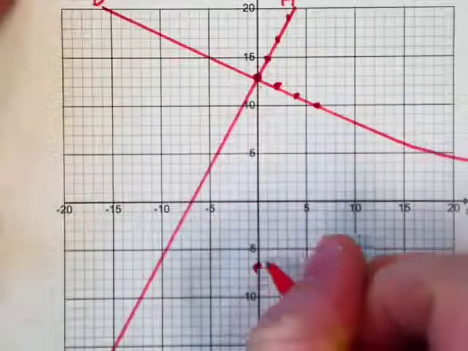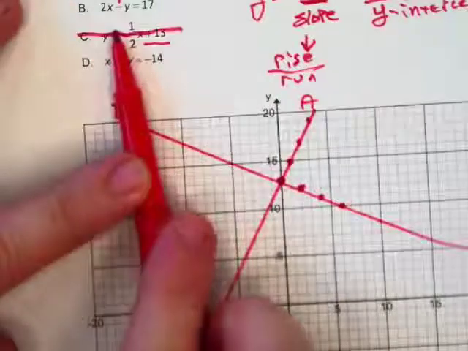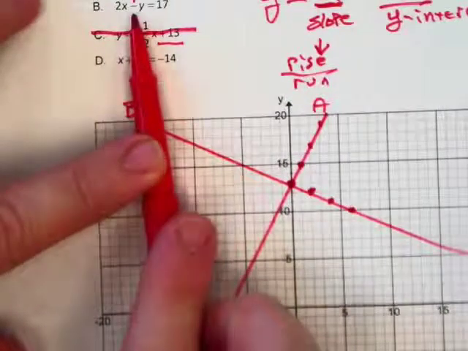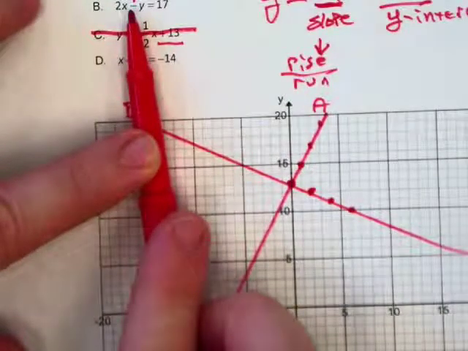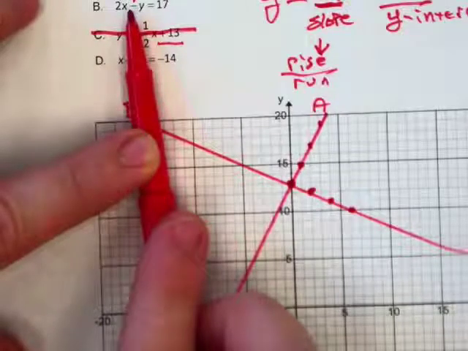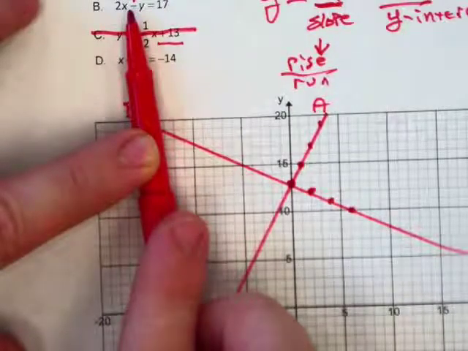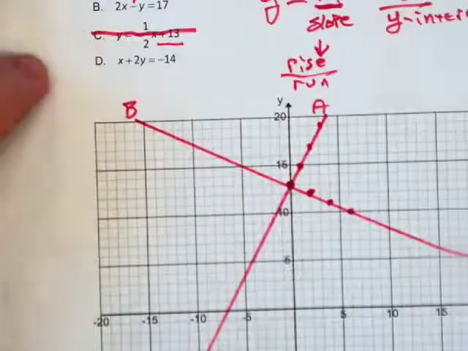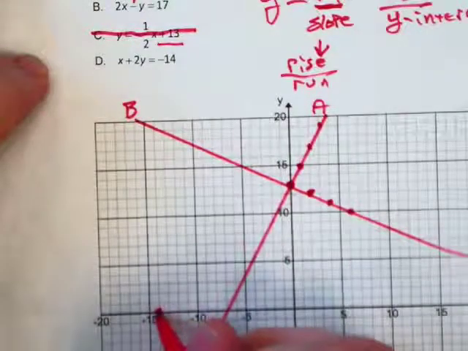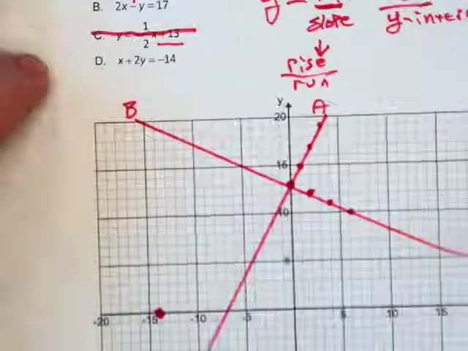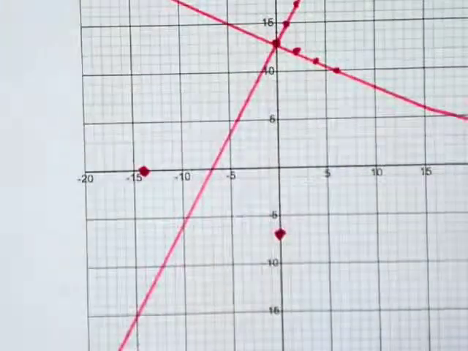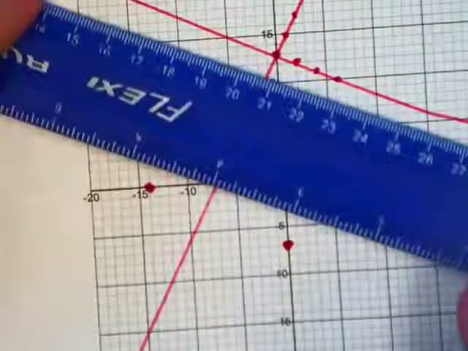So right down there, I'm going to go ahead and put a dot. That's called the cover-up method. Now if I cover up the y, we have x equals -14. So that tells me that that same line crosses the x-axis at -14. And so we're going to put a dot right at -14. And we see we have 2 dots now that we can graph.